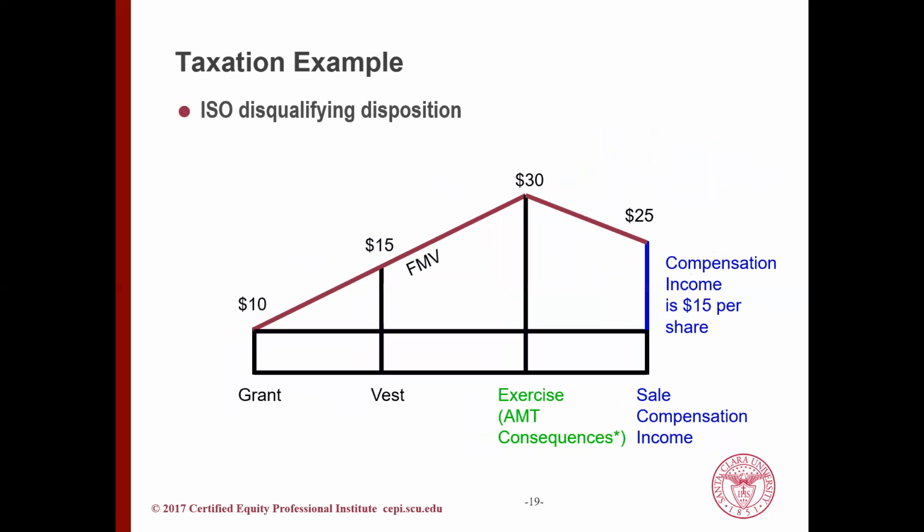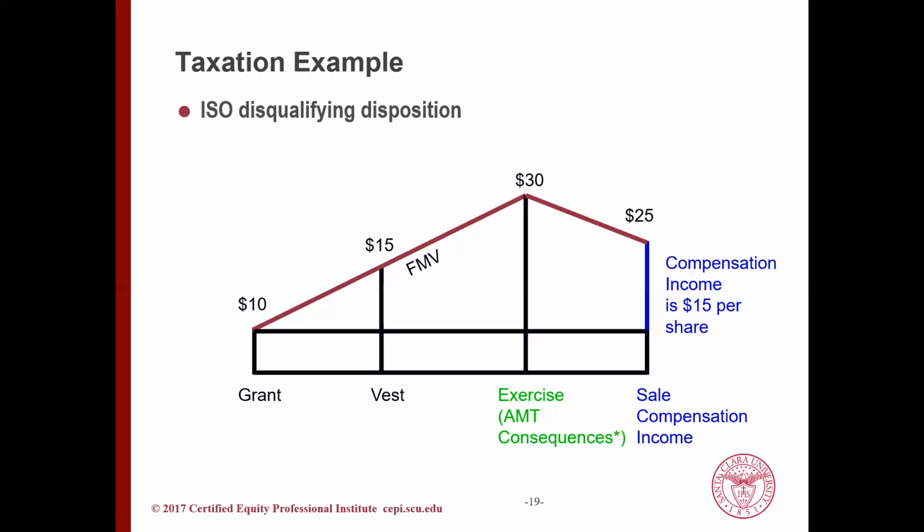Lastly, here's another disqualifying disposition. In this case, the ultimate sale price is lower than the price at the exercise date. However, the sale price is still greater than the grant price, so there is some profit.